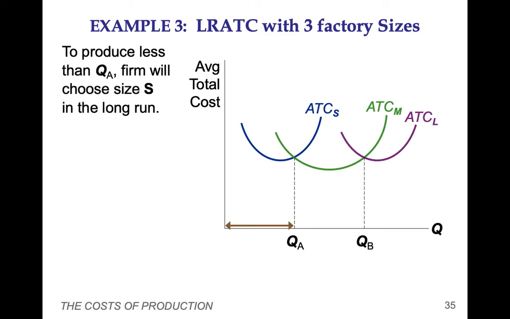To produce less than QA, the firm will choose the size S, small, in the long run. If the firm is producing less than QA, it is better to choose the size S, because at the size S, the average total cost is the lowest possible.